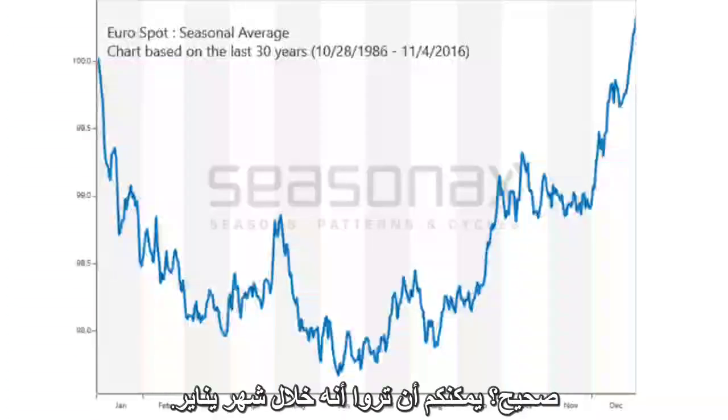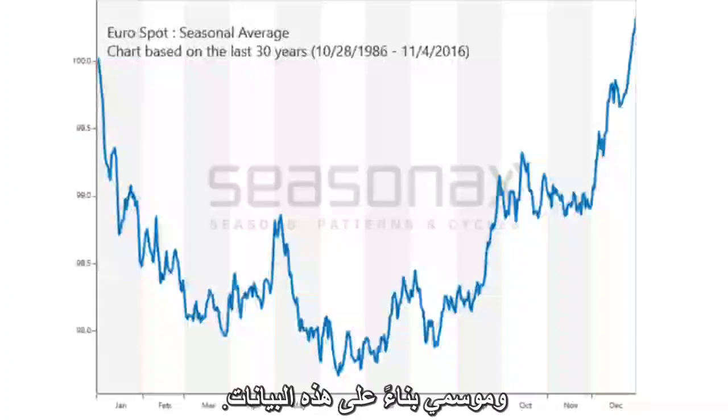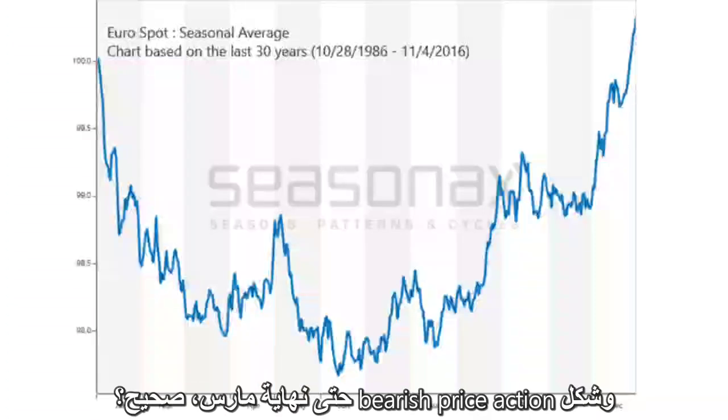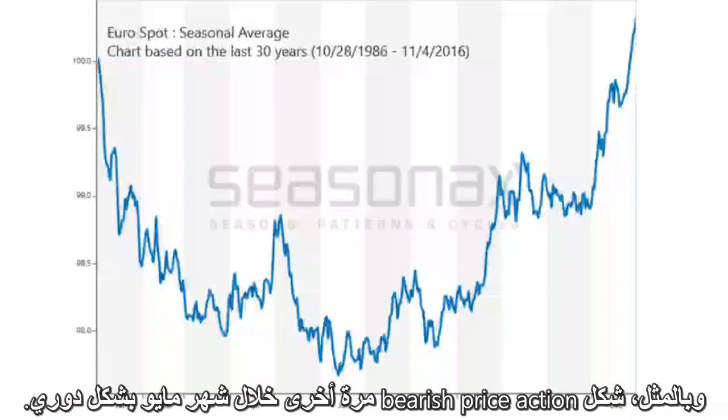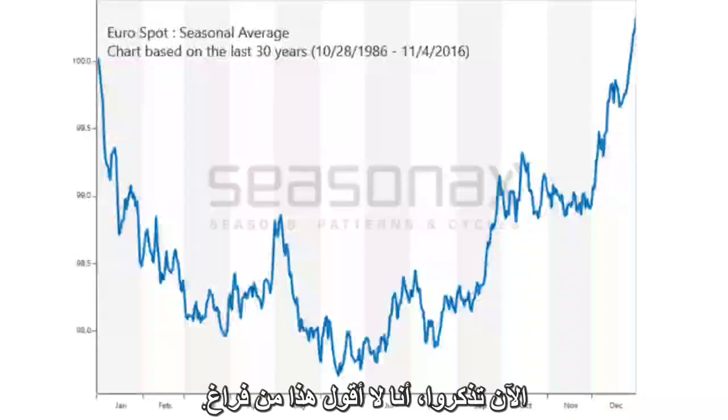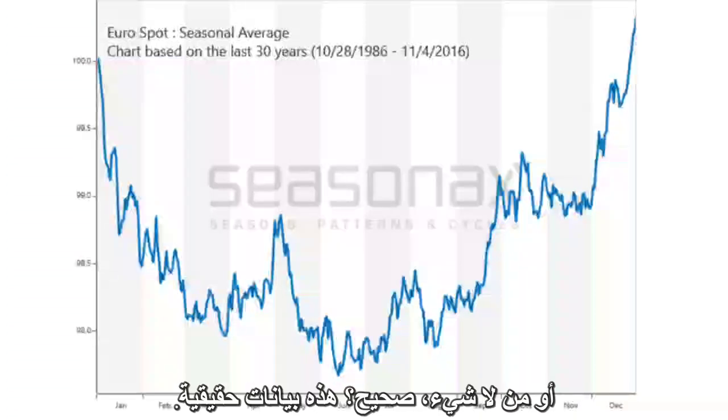You can see that during January, periodically and seasonally, based on this summarized data, it has gone lower and found bearish price action till the end of March, right? Similarly, it formed bearish price action again during the month of May, periodically over the last 30 years on average, right? Now remember, I'm not saying this out of thin air or out of nowhere, right?